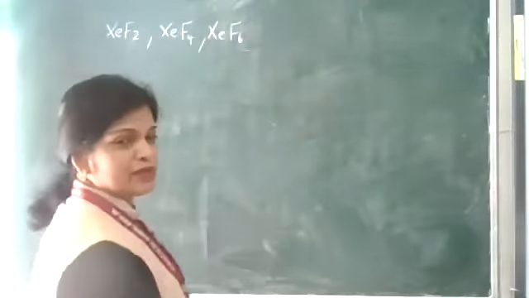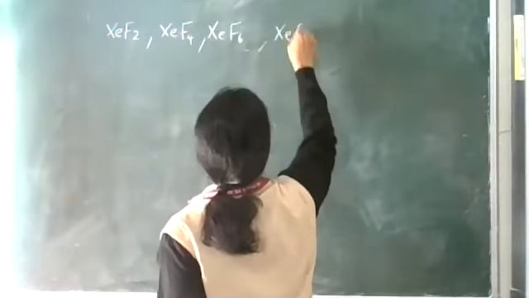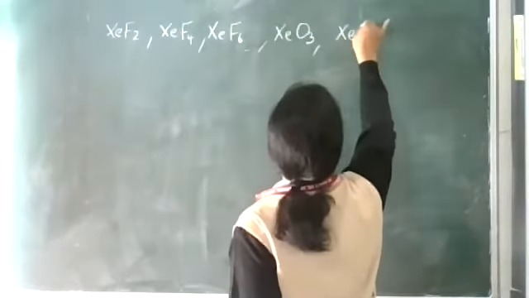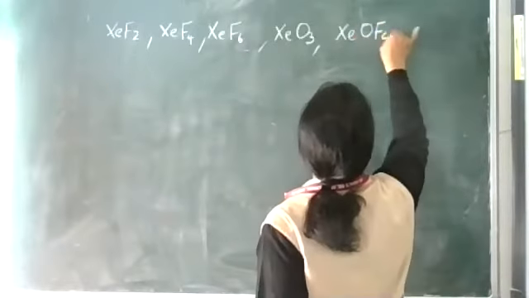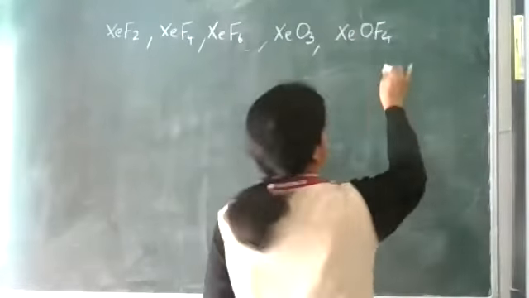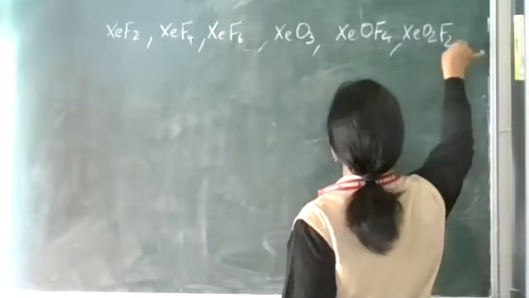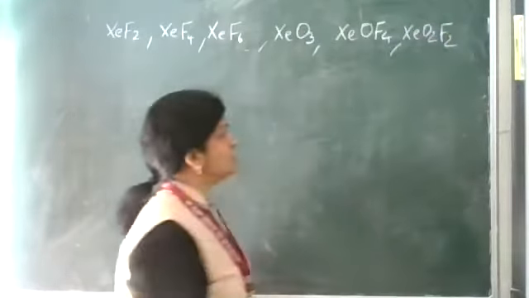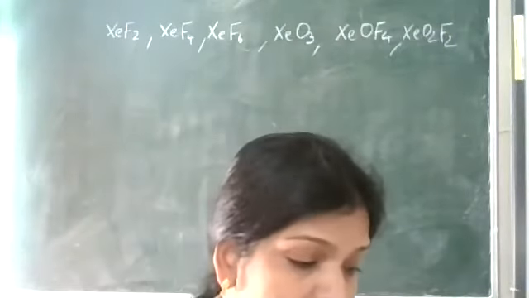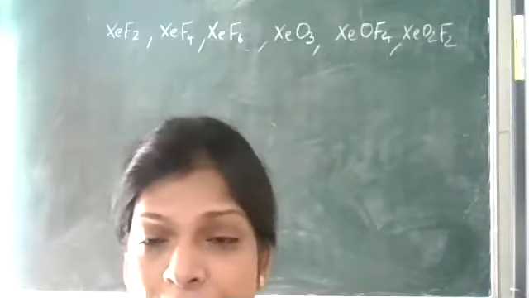These are the main fluorides. Then XeO3, XeOF4. These are called oxyfluorides. Then XeO2F2. These are the compounds that you have to learn.